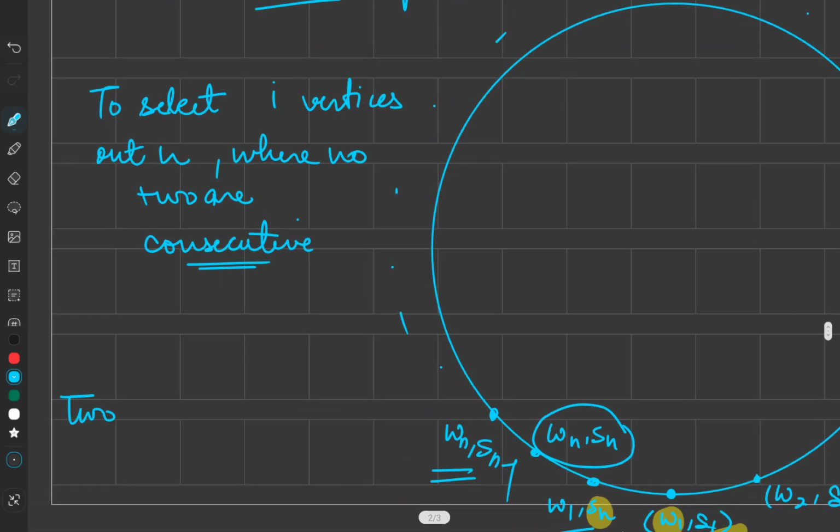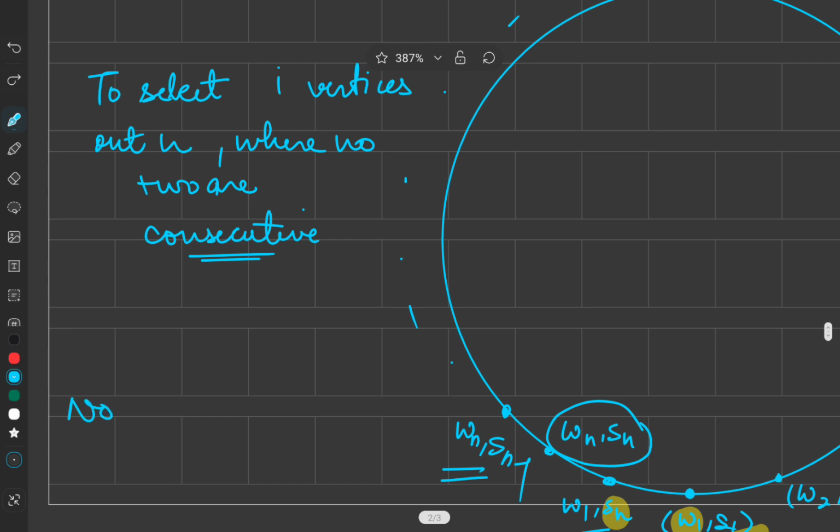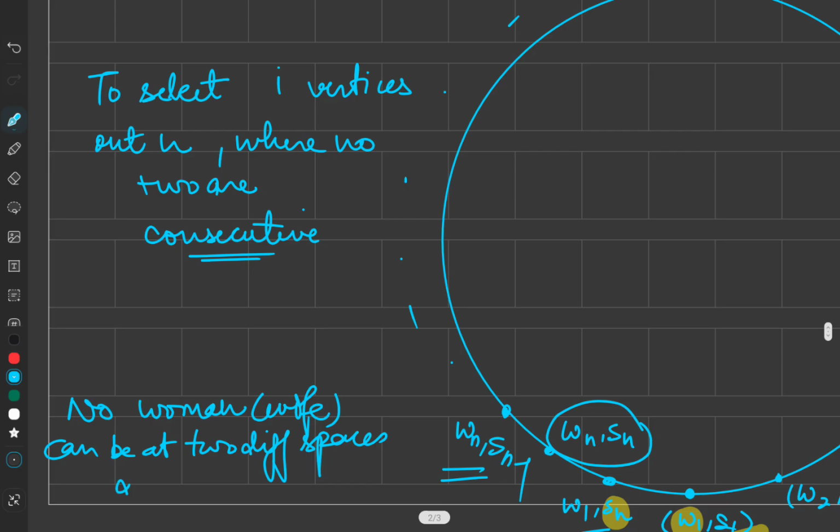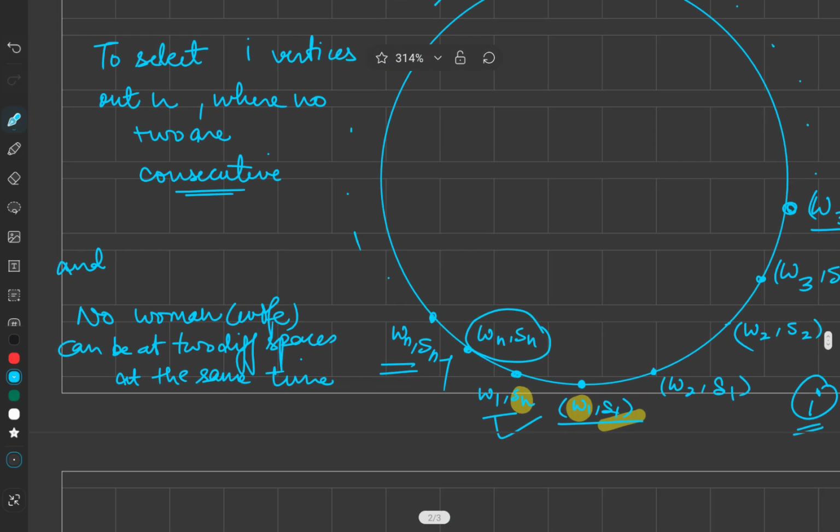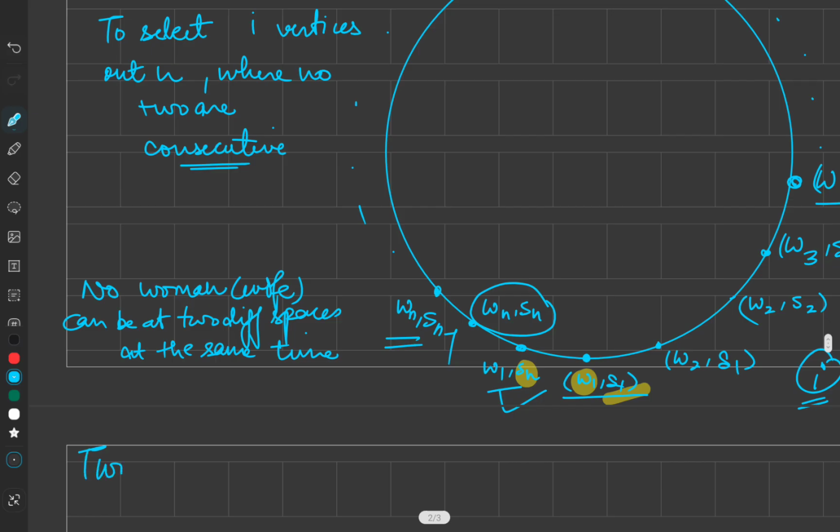What are our conditions? No woman can be at two different spaces at the same time, and the second condition is that no two women can occupy the same space.